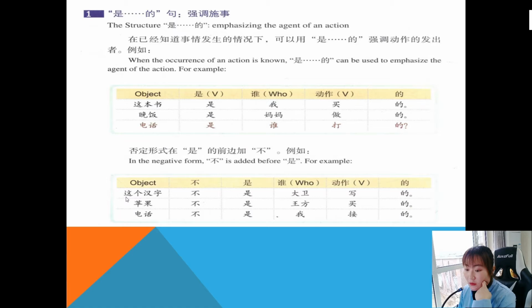And this one, 这个汉字不是大卫写的 So this Chinese word is not written by David, right? 苹果不是王芳买的，电话不是我接的。So here this negative form is very easy because you just add 不 here before 是。And when you want to emphasize the agent of an action, you should put the object first, okay? And then 是 this verb and who and another word, okay?